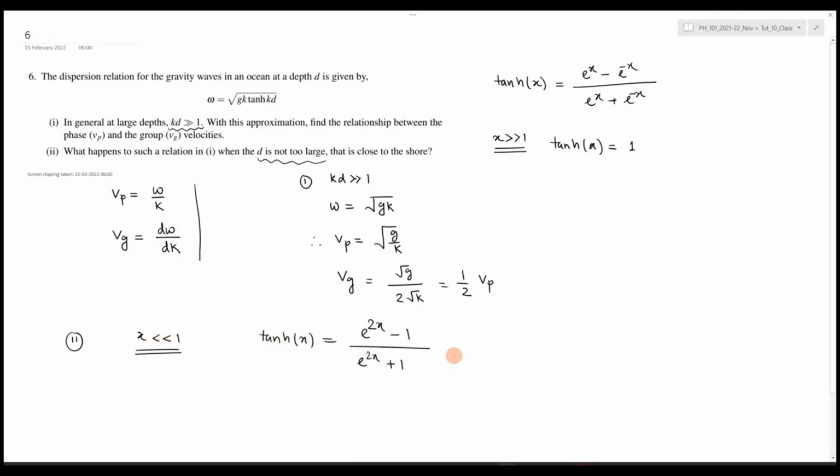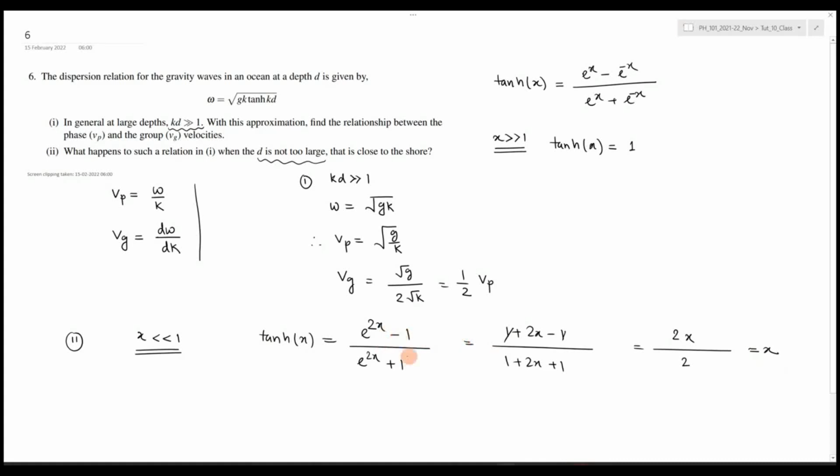Because x is very much less than 1, you can write 1 plus 2x minus 1 on top, and 1 plus 2x plus 1 below. So on top we have 2x, but below 2 plus 2x, because x is very much less than 1, you can approximate it to be equal to 2. So this becomes x. That means for x very much less than 1, tanh x is actually equal to x.